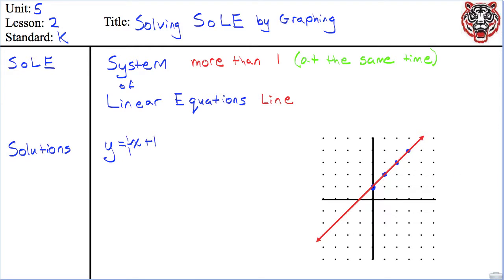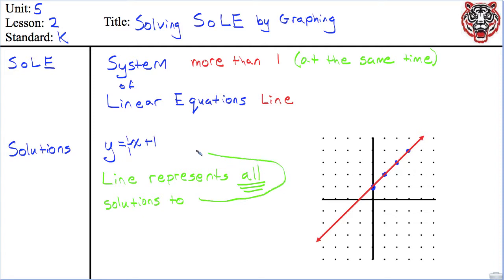This line, and this is the key takeaway that I need us to write down, this line represents all solutions. The key is all solutions to this equation.